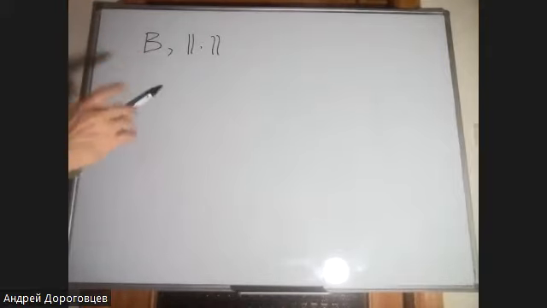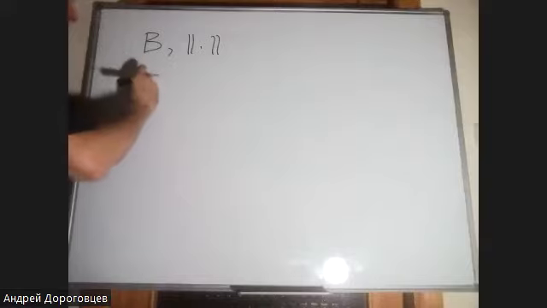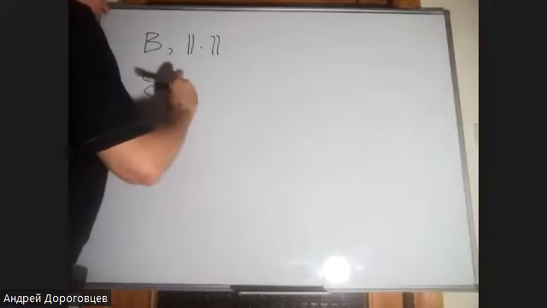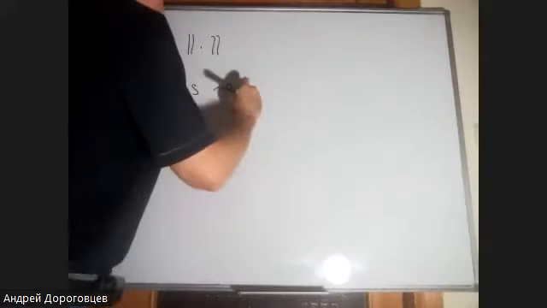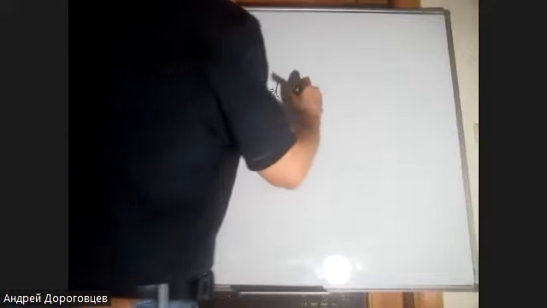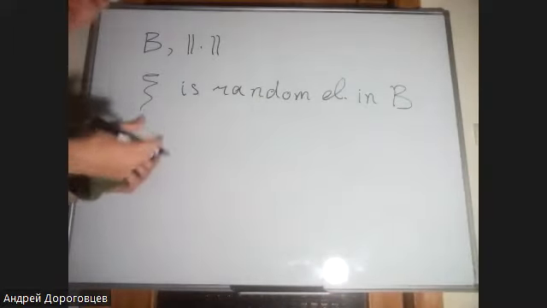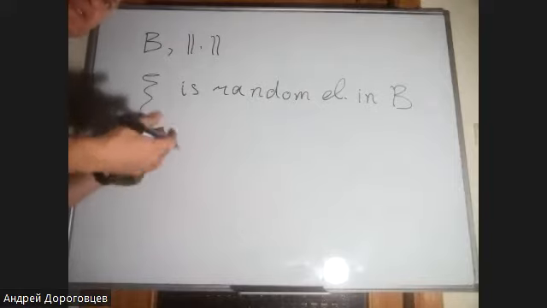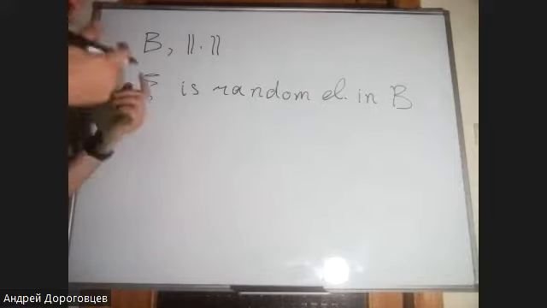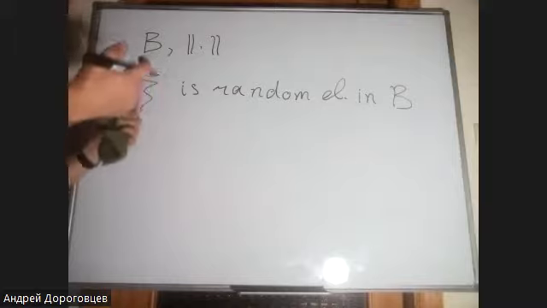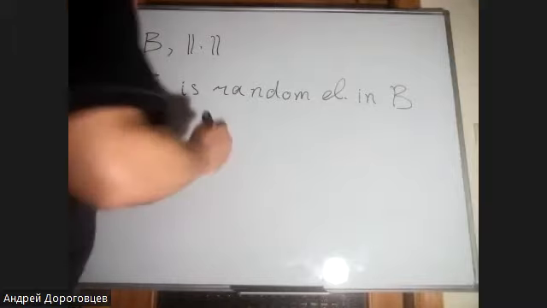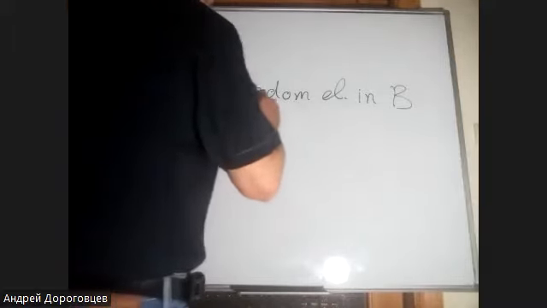When we want to consider some complicated random object, first of all, we must have the tools to discuss properties of this object and to define it, because right now we don't know what is random.